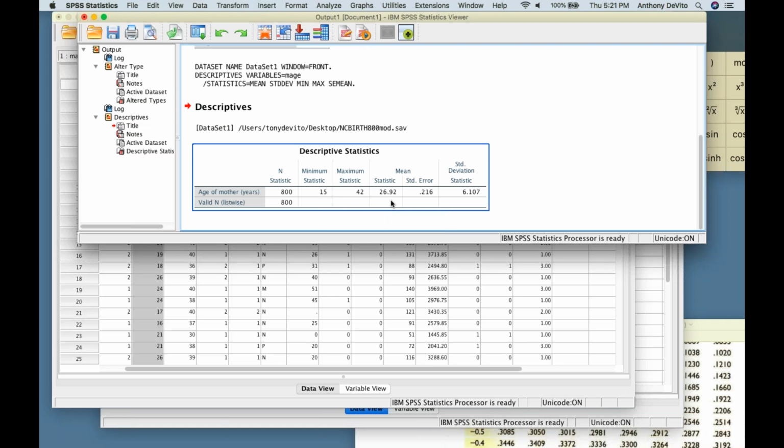Let's set up a hypothesis. My hypothesis is the average age mu for the mother's age in North Carolina is equal to mu for the mother's age in New York. North Carolina, I only know from a sample. New York, I know the population, right? So there's only one sample involved.